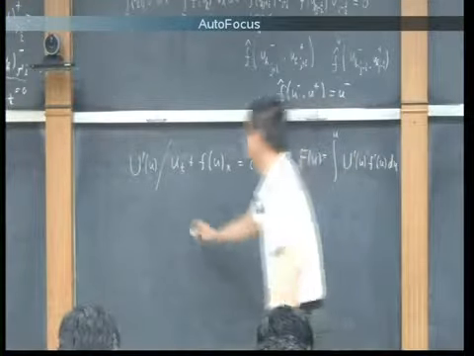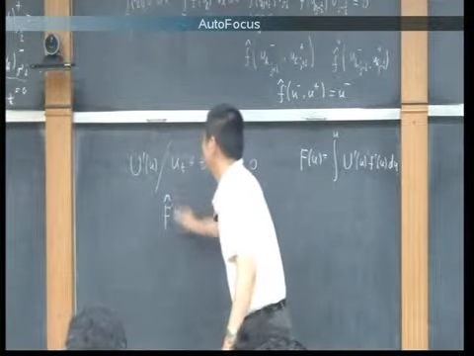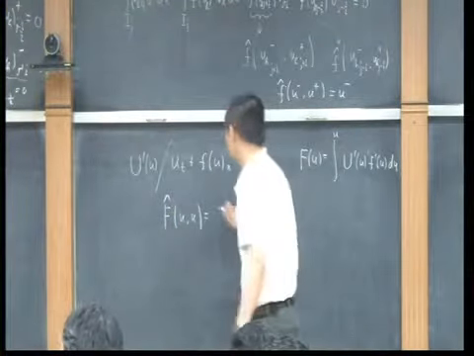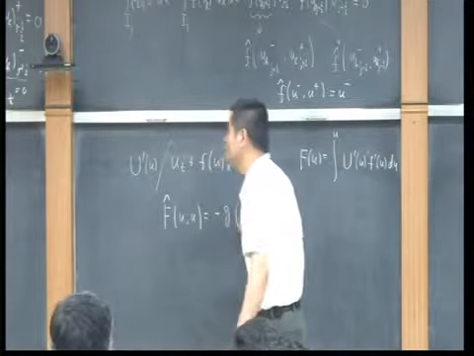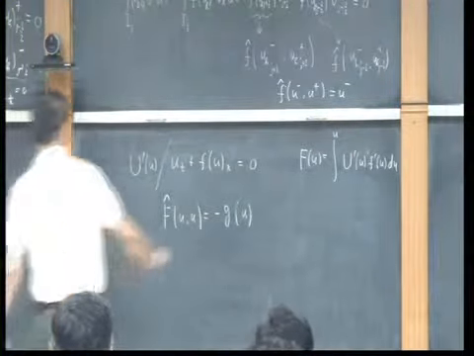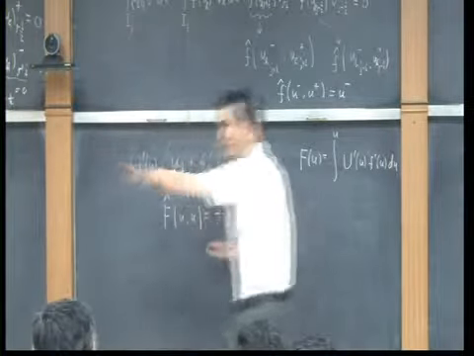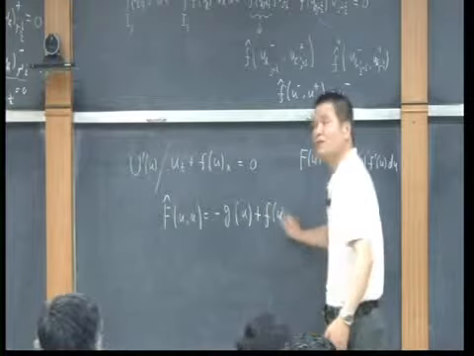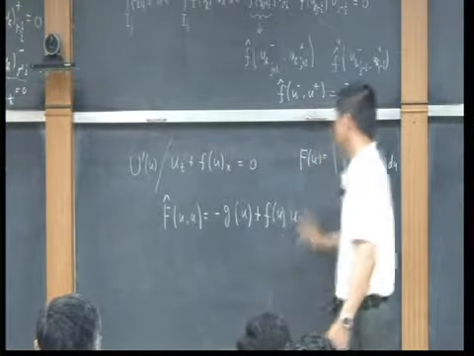So let's see. What is f hat of u, u? F hat of u, u would be minus G of u plus f hat. If u minus equals u plus, f hat is just f times u.